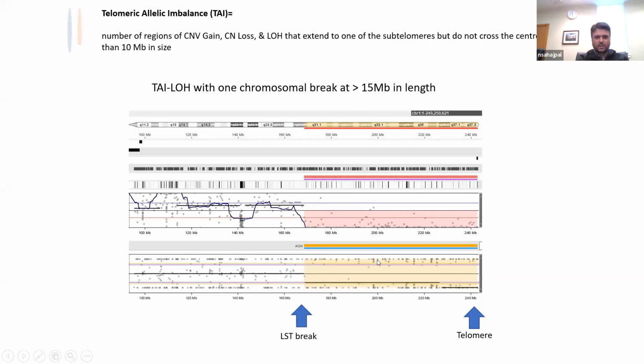So it gets 1 score for TAI, 1 score for LOH, and because there's this chromosomal breakage, it gets 1 score for LST. So a total score of 3. Now, if this copy number loss was less than 15 MB, then it would not have qualified as an LOH, but only as a TAI, and would have a score of 2.